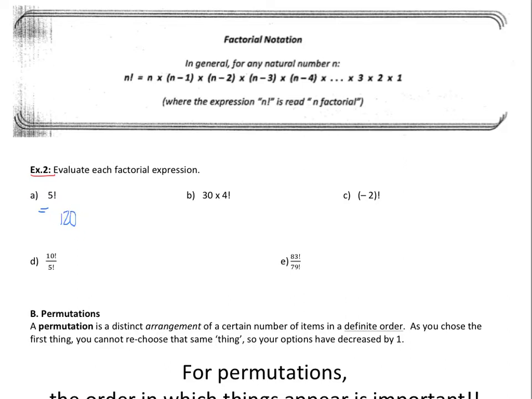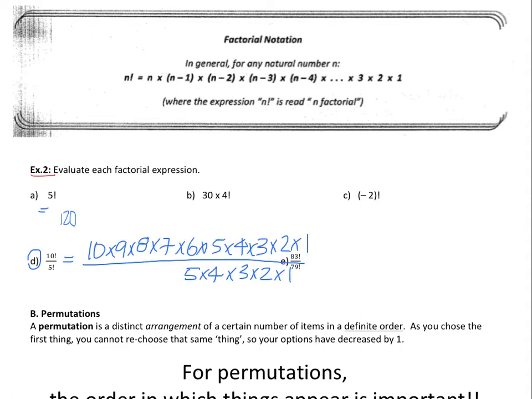Now we're going to skip a few and move down to D over here. I would like to bring your attention here because 10 factorial is equal to, of course, 10 times 9 times 8 times 7 times 6 times 5 times 4 times 3 times 2 times 1, and 5 factorial is equal to 5 times 4 times 3 times 2 times 1.